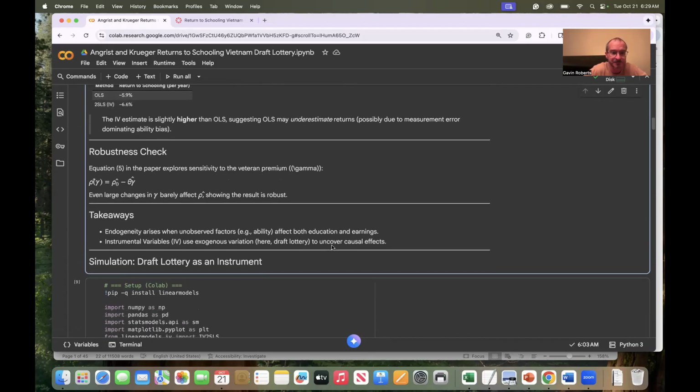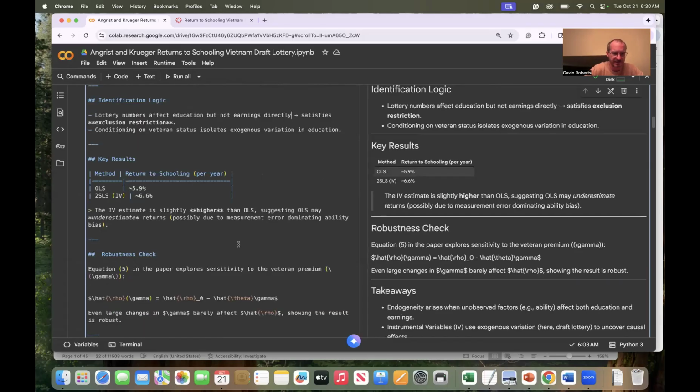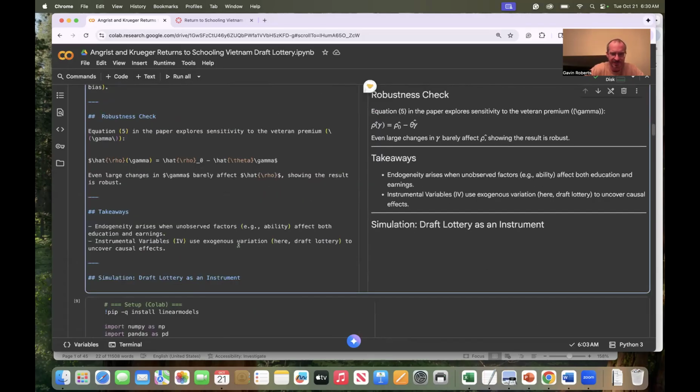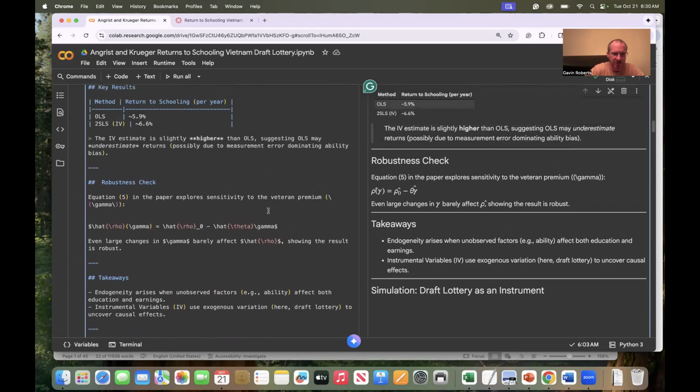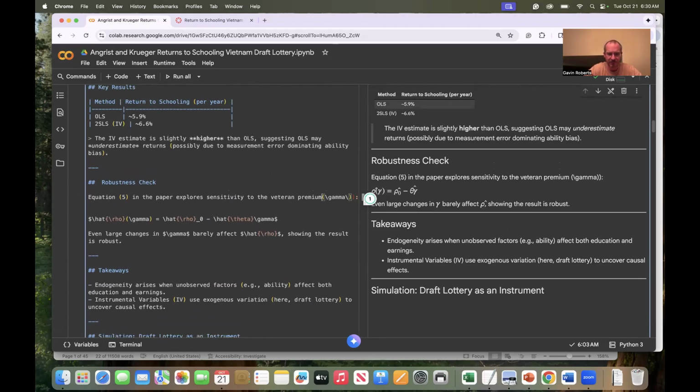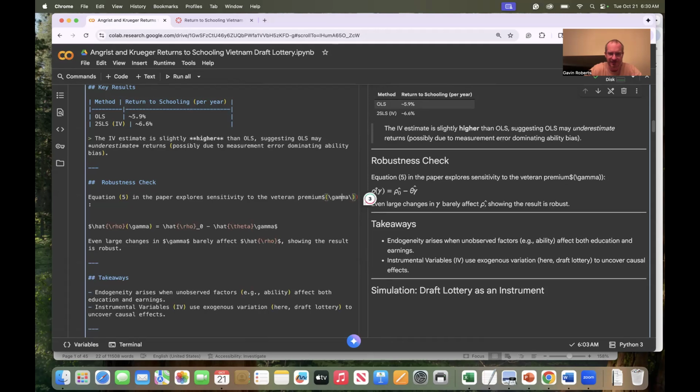So finally, they do this robustness check. Sorry, of course, I'm going to fix my typo right here. Where is it? I can't even find it. Yeah, this should be a dollar sign. A little Colab markup lesson, maybe.